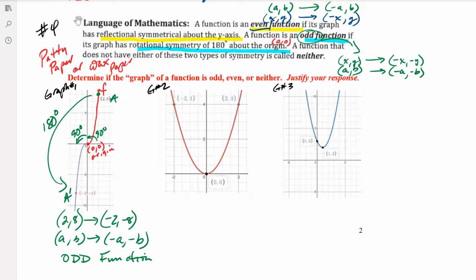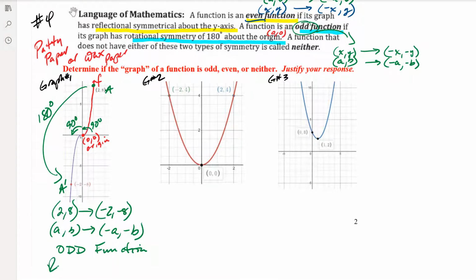It has rotational symmetry of 180 degrees about the origin. You can do this with trace paper: trace the axes and the function in quadrant 1 again, put your finger or pencil tip on the origin, and rotate your paper by two multiples of 90 degrees.